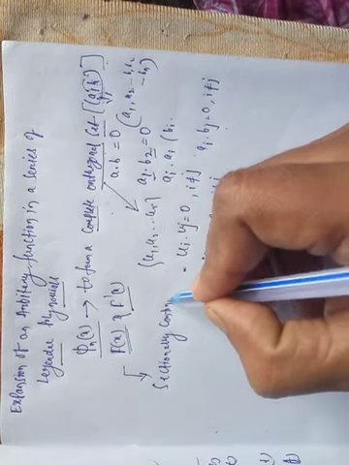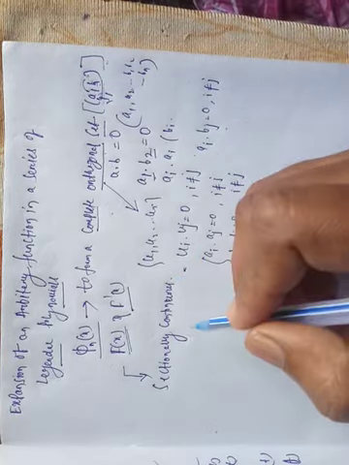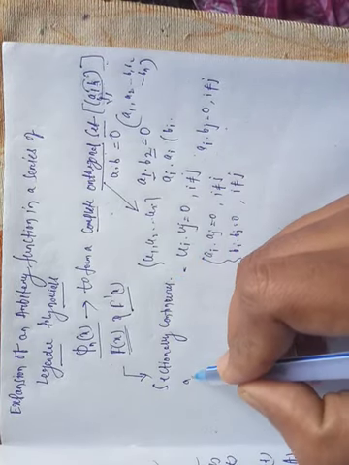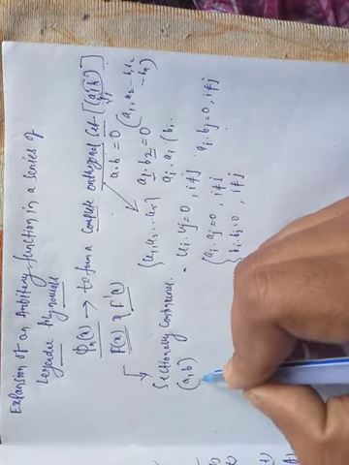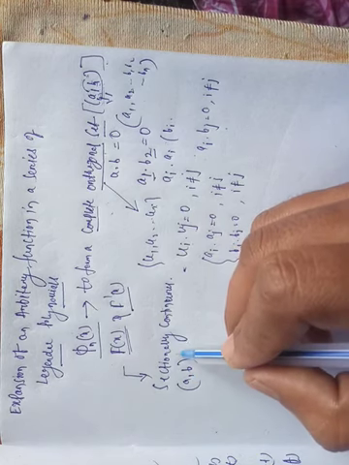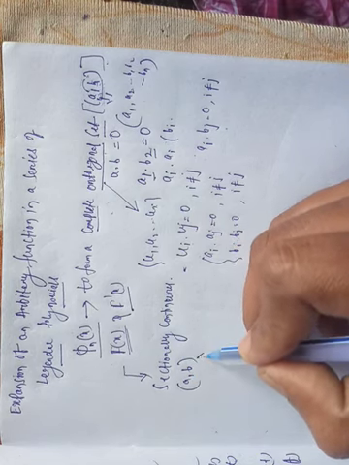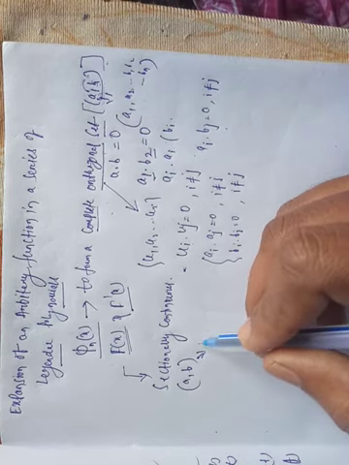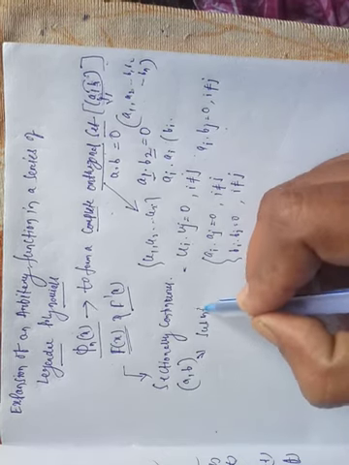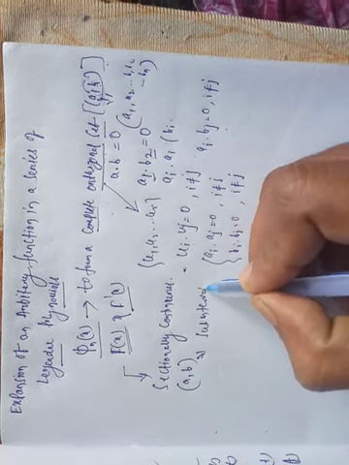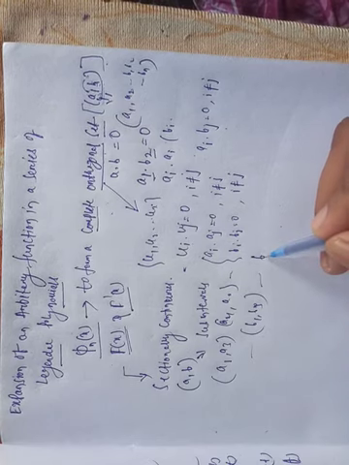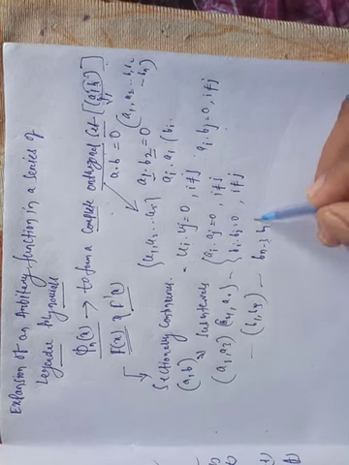Sectionally continuous, what does that mean? We know that it is continuous in the interval a b. Sectionally continuous means we divide this interval into a number of subintervals, like a1, a3, a4, a6, and b1, b3, up to bn-3, bn.